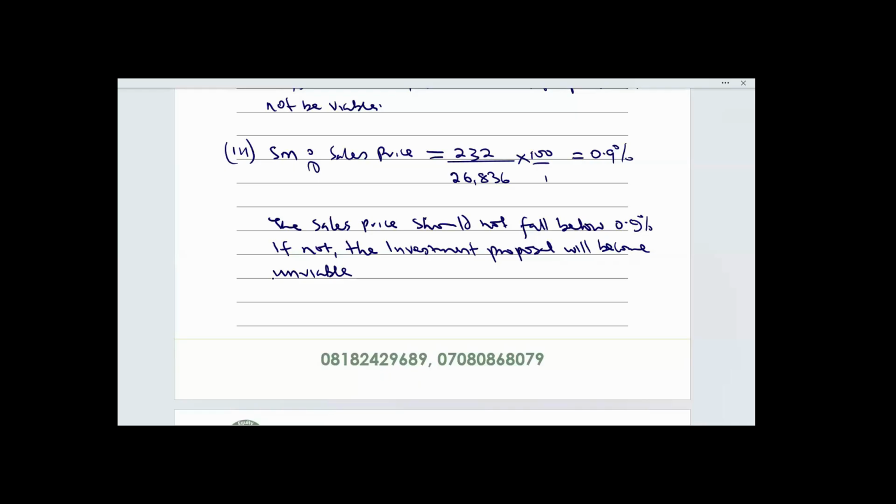So at any point below this, if you reduce it by, for example, 1.5%, the project will become unviable. Okay, so that's what we are saying here. The selling price should not reduce below 0.9%. Otherwise, the project will not be viable. Okay.